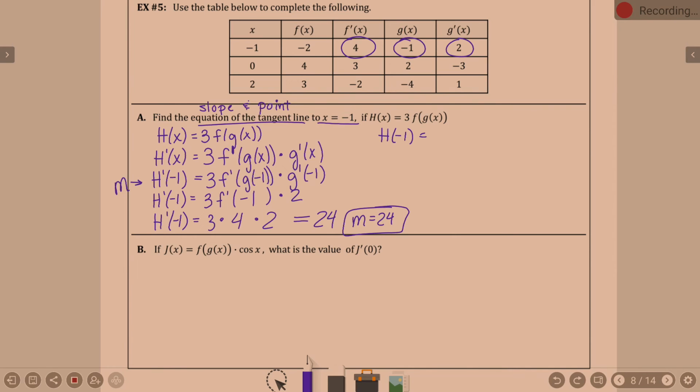So not h prime of -1, but our point is going to be from h of -1. So that means just using 3 f of g of -1. So 3 f, what's g of -1? -1.